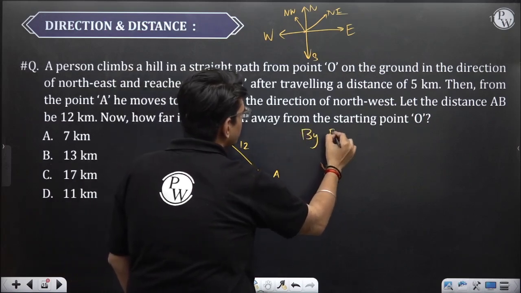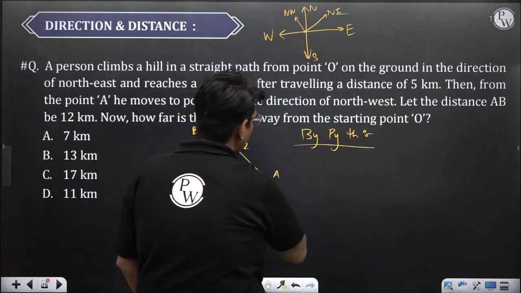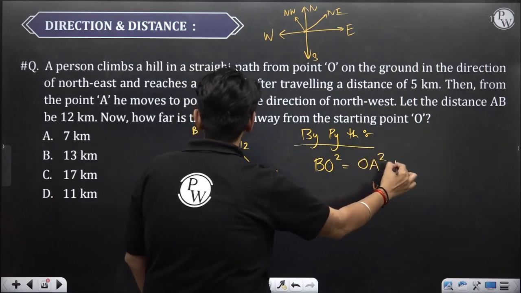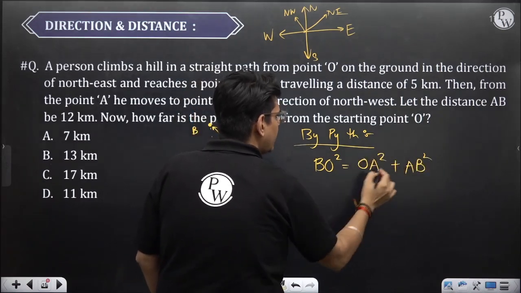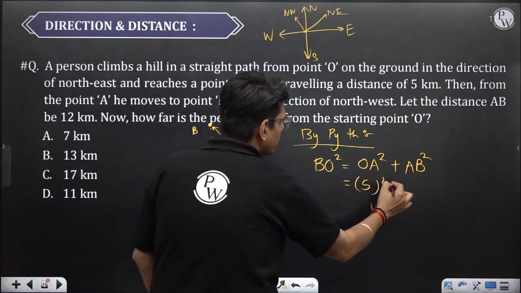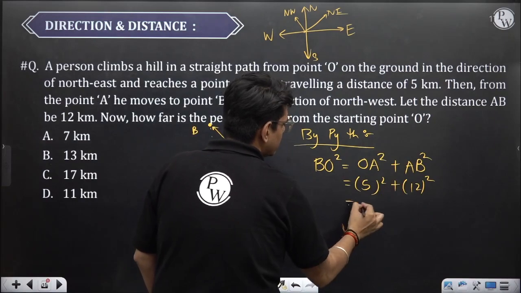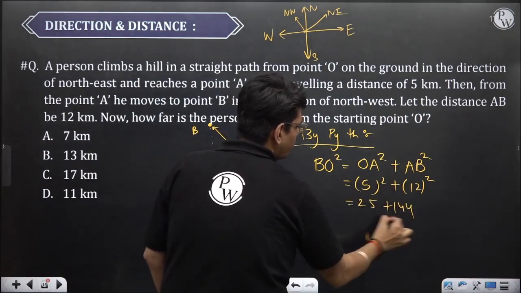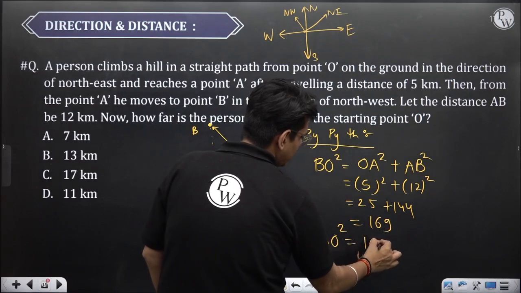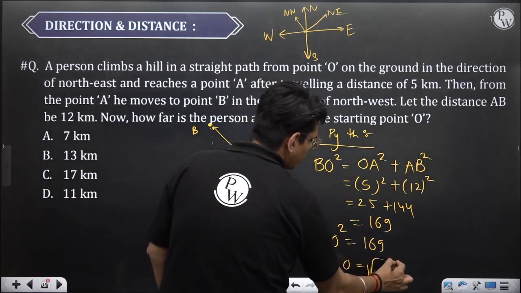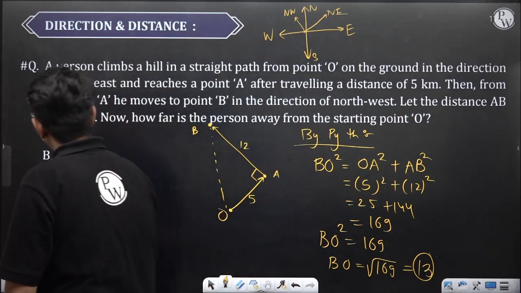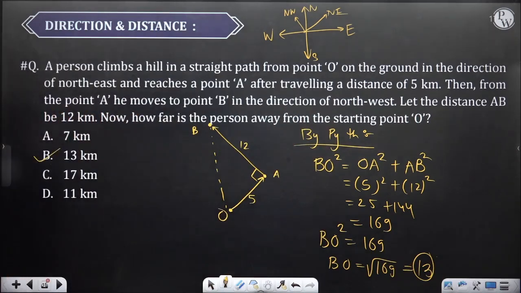By Pythagoras theorem, BO square is nothing but OA square plus AB square, right? OA is given as 5. So this is 5 square plus 12 square. This is 25. This is 144. This is nothing but 169. So BO square equals 169. BO is nothing but root over 169, which will give us 13. So the distance between initial and final point is nothing but 13.